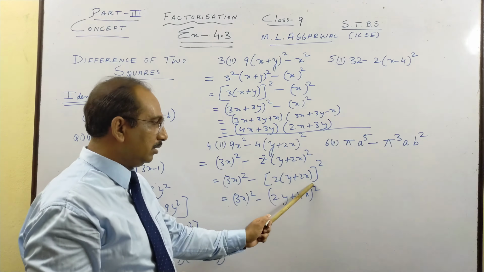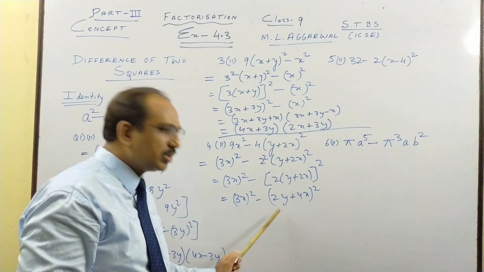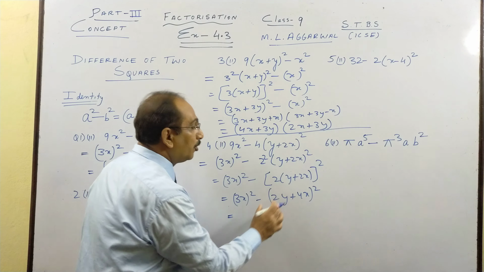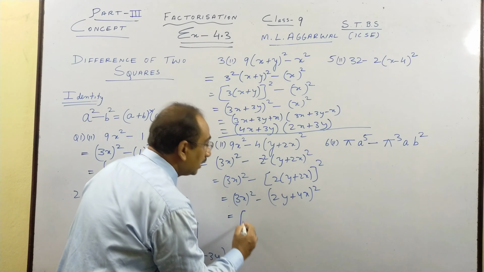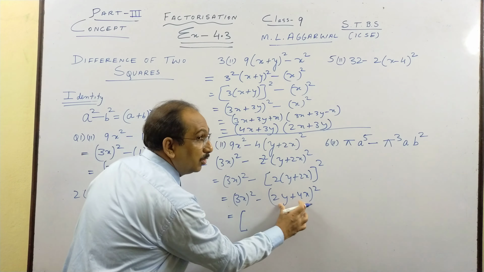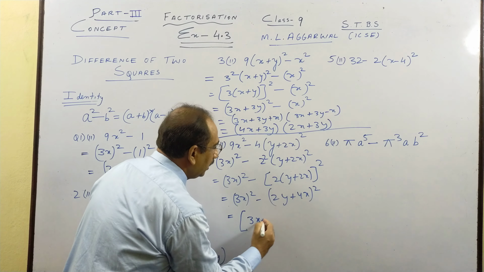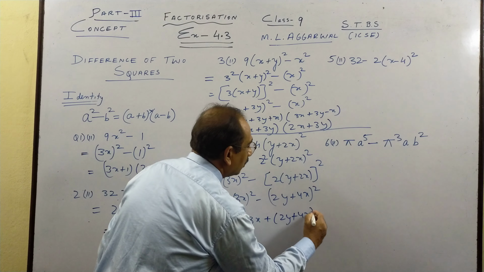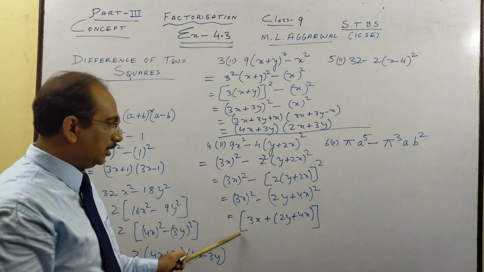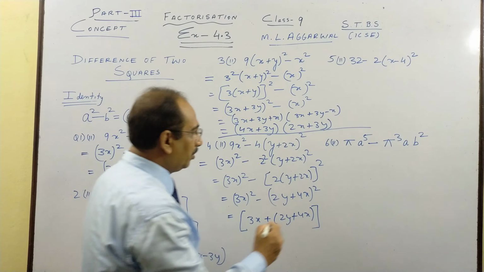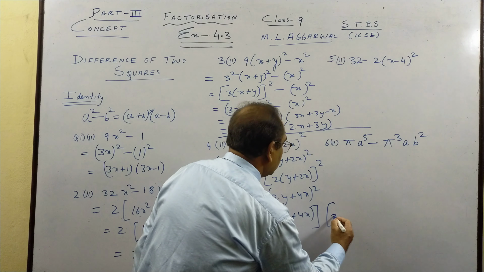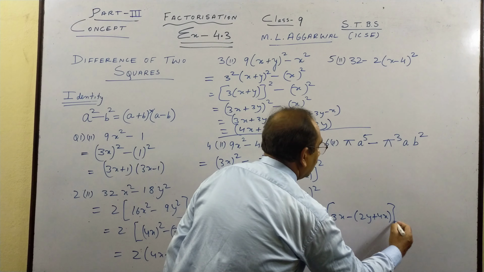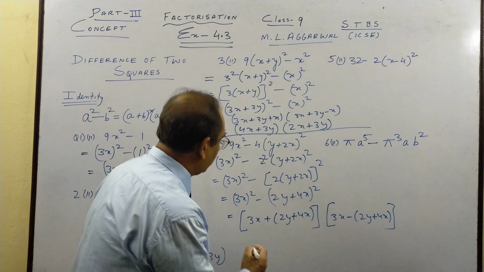I open the bracket and I take it small bracket because now big brackets use is over. So very important thing, next thing children, is again use of big bracket because there are two terms here. 3x plus 2y plus 4x, no problem. There's no problem here with plus, but main problem will be here 3x minus 2y plus 4x, and here you will see both the signs will change.